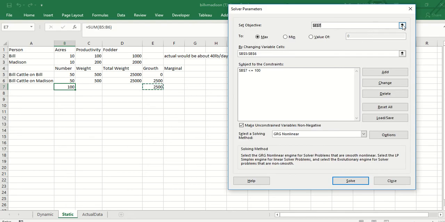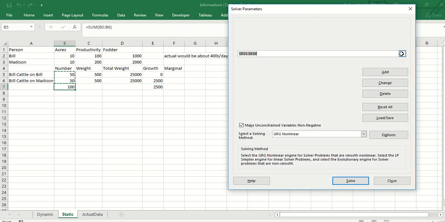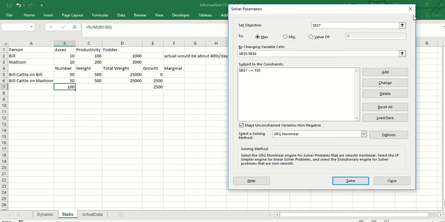And so what we want to maximize is the total growth, which we have here, which is the sum of Bill and Madison's. And we want to change how many cows we put on Bill versus Madison. Acreage, and the constraint, which is here, we're going to click change.